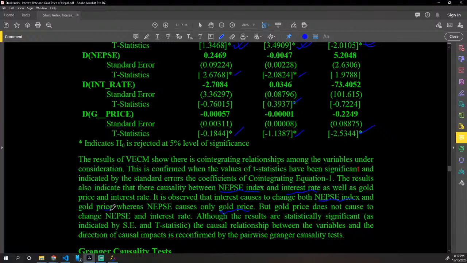Gold prices and the NEPSE index, whereas NEPSE only causes gold prices, but gold prices do not cause change in NEPSE and interest rate. That is correct.